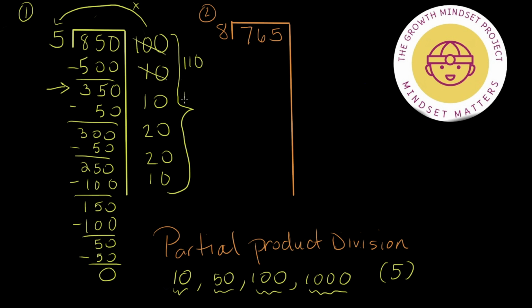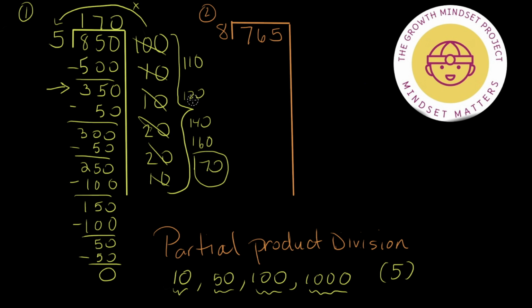Plus another 10, that's 120. Plus 20, that's 140. Plus another 20, that's 160. Plus 10, that's 170. So our answer is 170. 850 divided by 5 is 170.